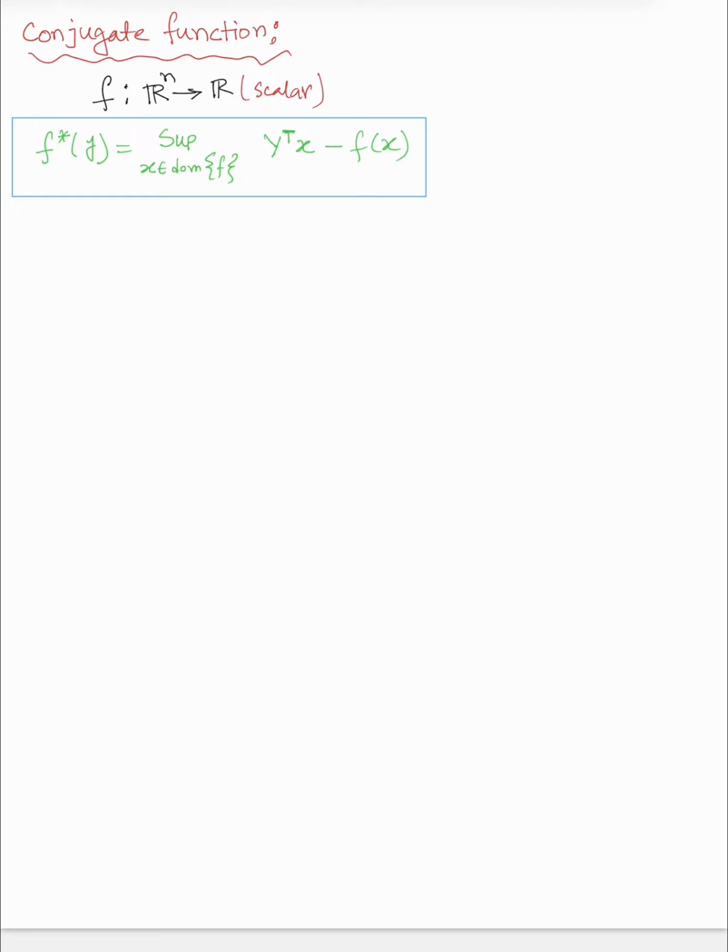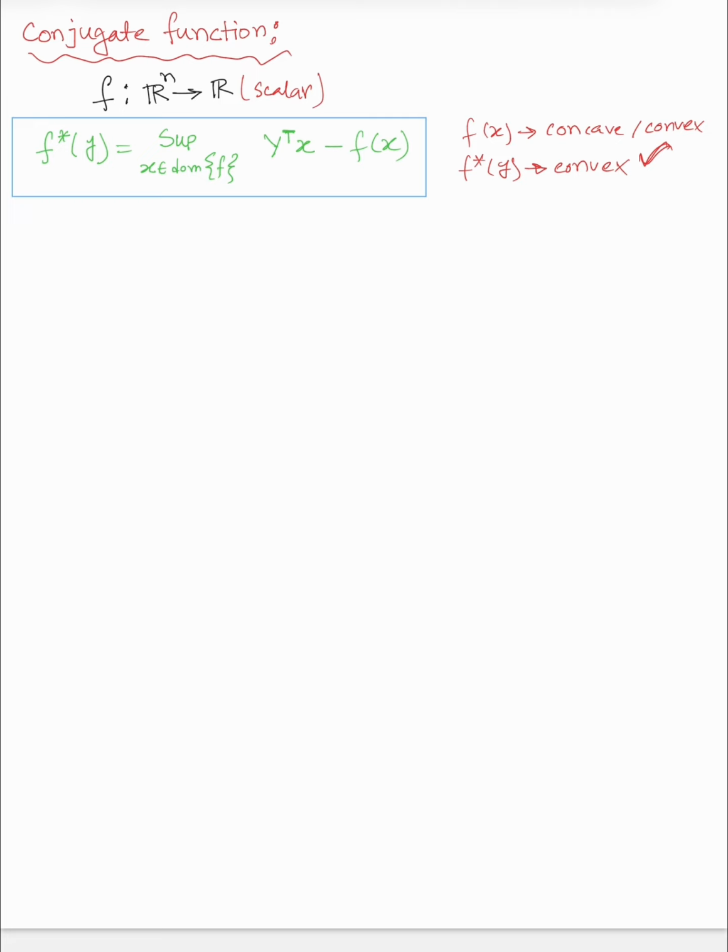Now, a few important things about the conjugate function. f of x might be concave or convex. It can be anything, doesn't matter, but f star of y is always going to be convex. It's always going to be convex. Why?